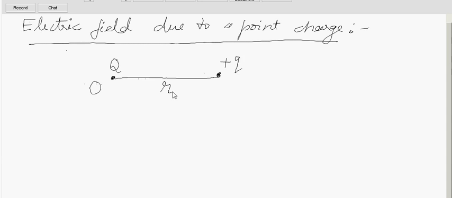Because these two are like charges, they repel each other, so there exists a force. The force is because of the electric field. So now we will find out what is the electric field at point A. Let me write this point as A, where plus q charge is placed.